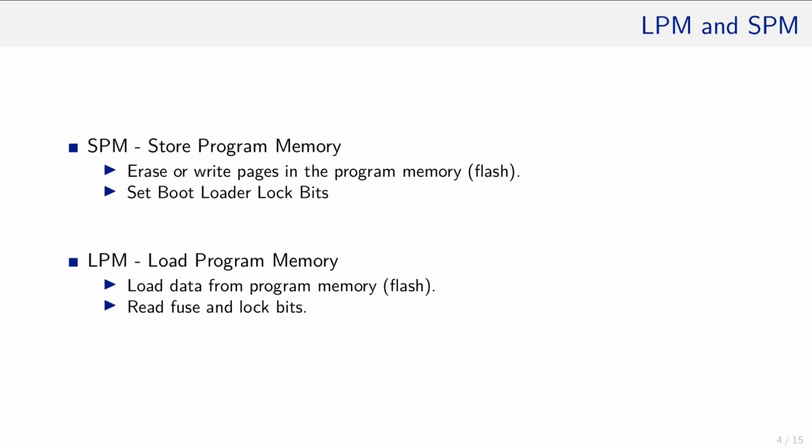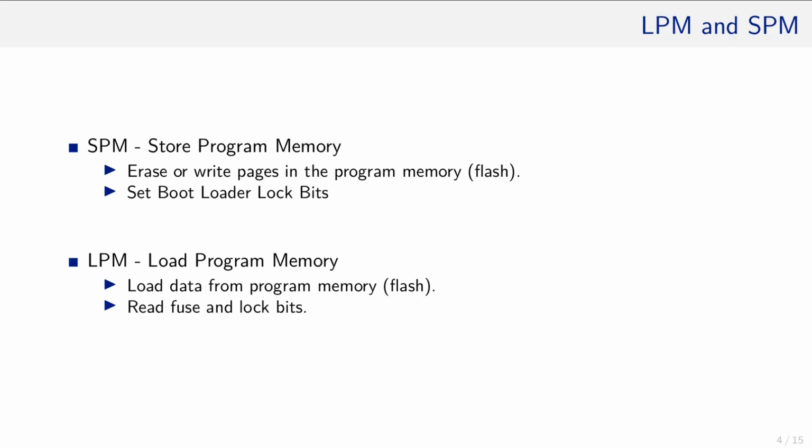First, we have to understand that there are two different instructions for accessing and modifying the flash. The first one is SPM, which is the assembly mnemonic for store program memory. Its purpose is to erase and alter the pages in the program memory. This instruction is executed every time a new program is uploaded through the bootloader.